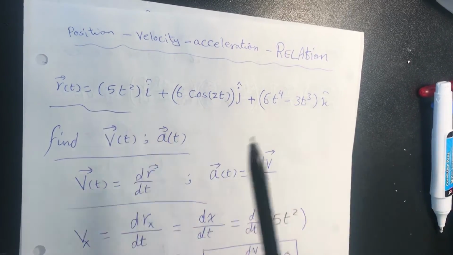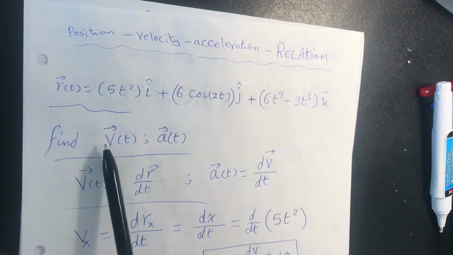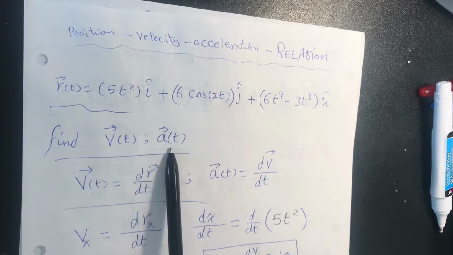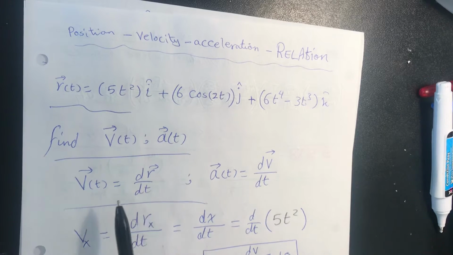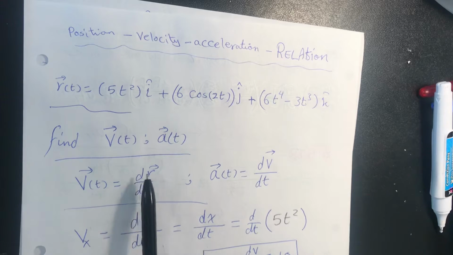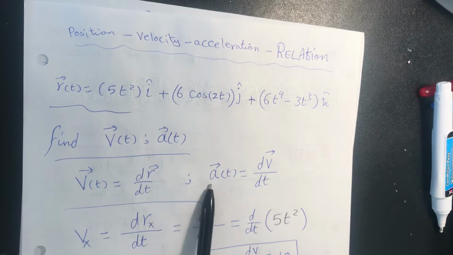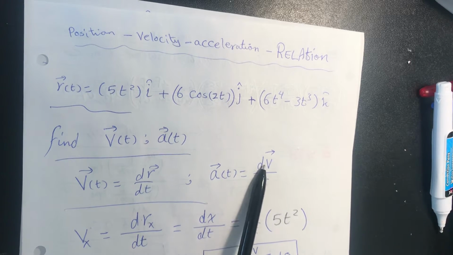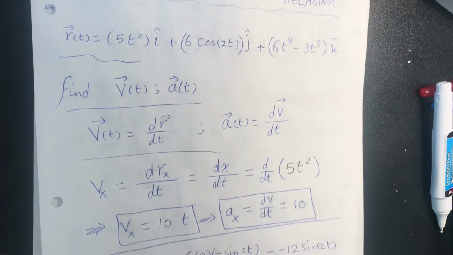In this relation, we need to find v of t and a of t. As we know from before, v of t is just the time derivative of the position vector, and the acceleration is the time derivative of the velocity vector.